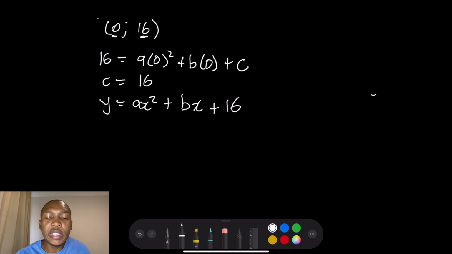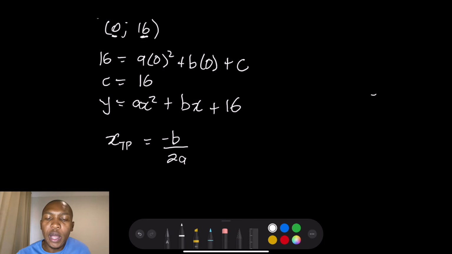Now have a look at this. We know that at the axis of symmetry, if I'm looking for the x value of the turning point, we always say minus b over 2a.